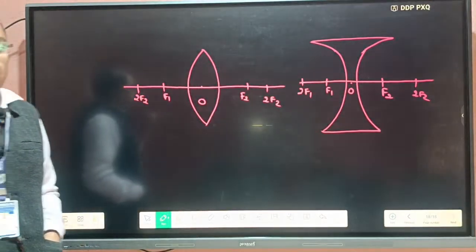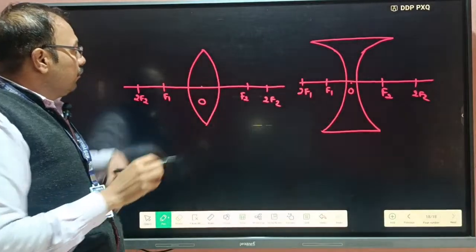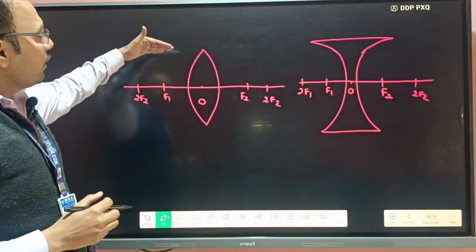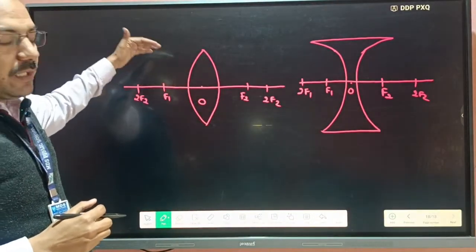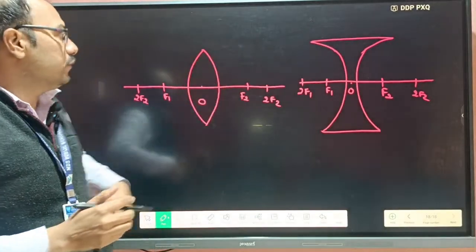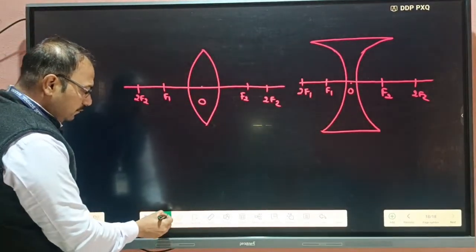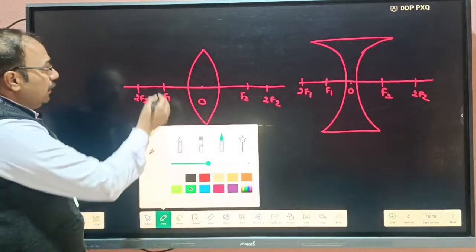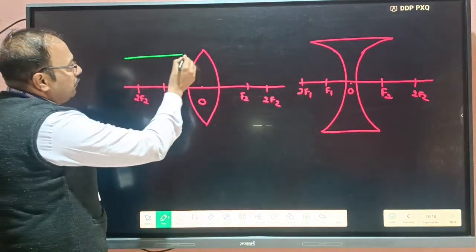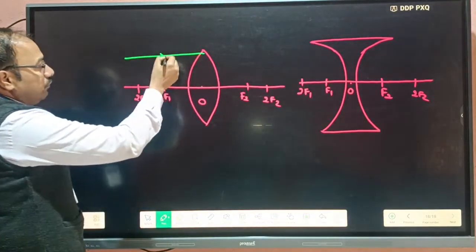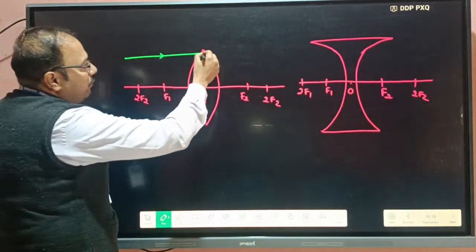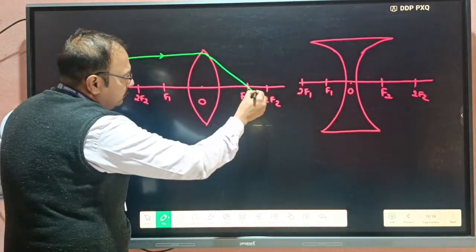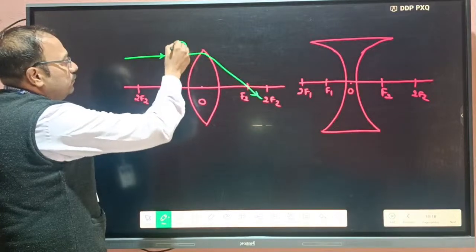So first rule, when parallel rays come, parallel rays meaning they come parallel to the principal axis, they always pass through the focus. So here we take parallel rays to the principal axis, so it passes through the focus. So this is the first rule.